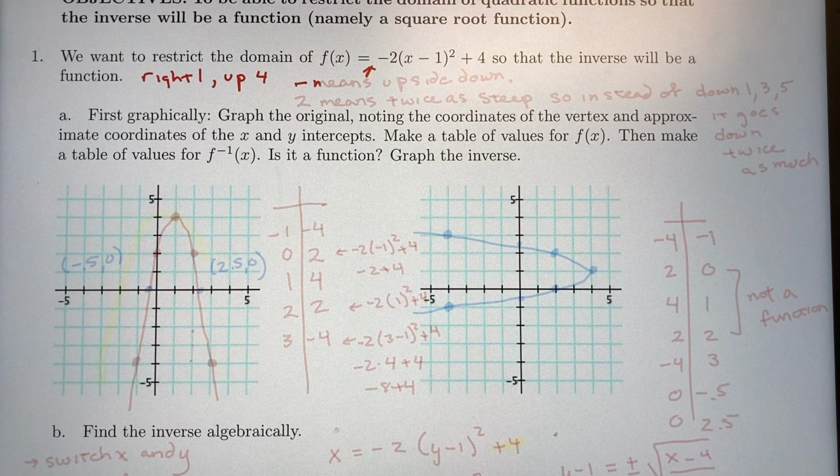The negative means upside down. The 2 means twice as steep. So instead of up 1, up 3, up 5, or in this case, down 1, down 3, down 5, because it's upside down.